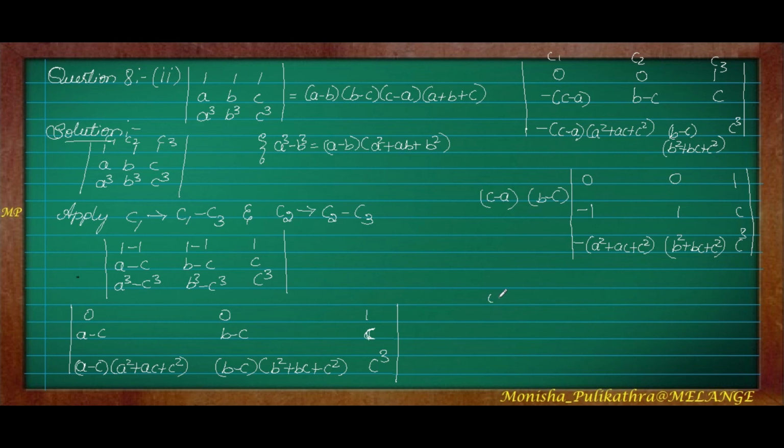So C minus A and B minus C, and the rest of the things you have to write as it is. 0 0 1, and minus 1, 1, C, everything as it is. Here we just need to multiply minus with all the terms: minus A square minus AC minus C square. Here it is also B square plus BC plus C square, and C cube.